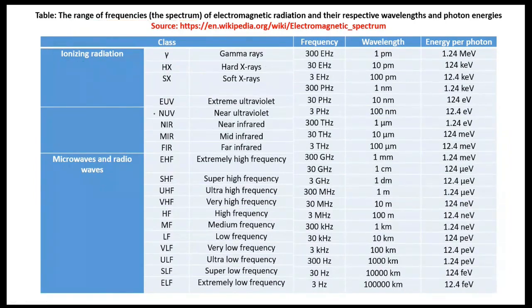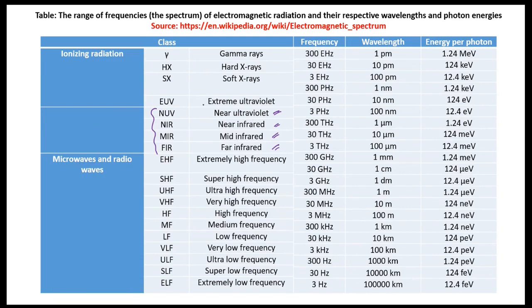Now there is the second category: near ultraviolet, near infrared, mid infrared and far infrared. These radiations are quite useful.